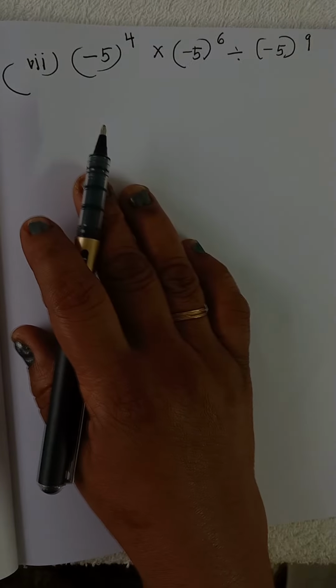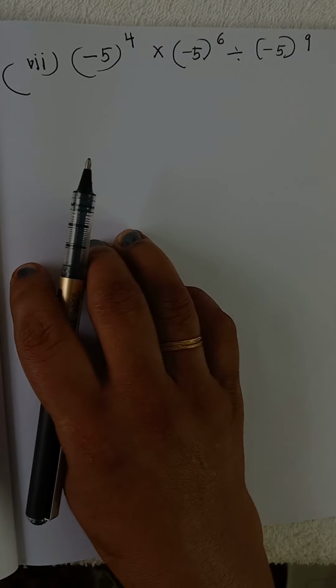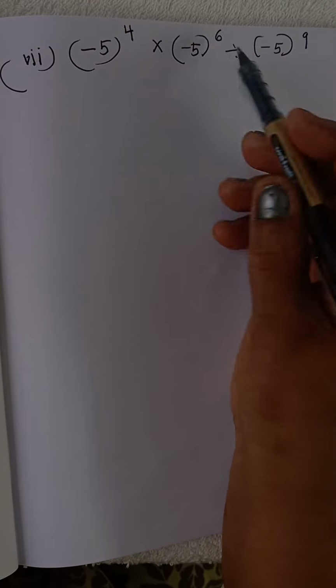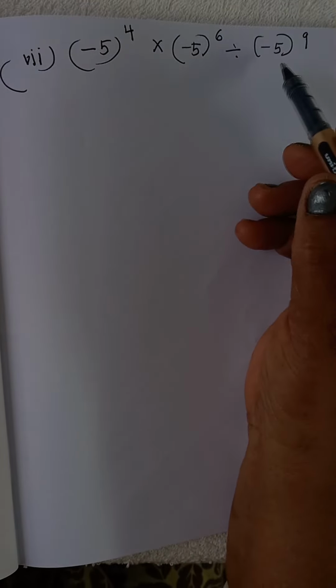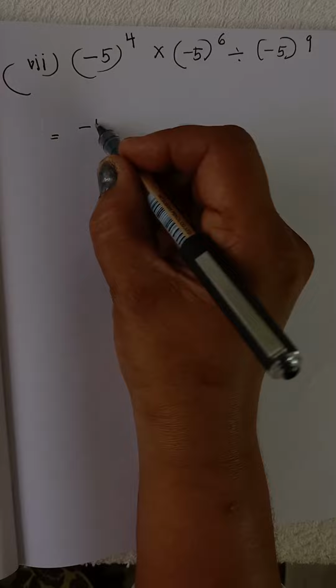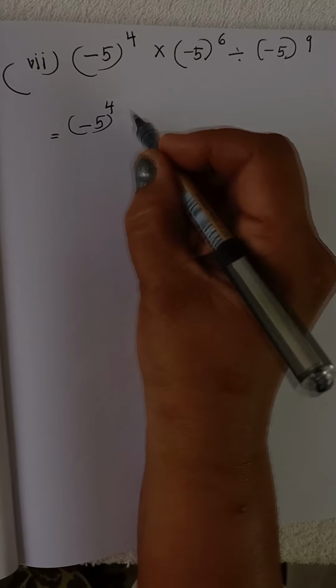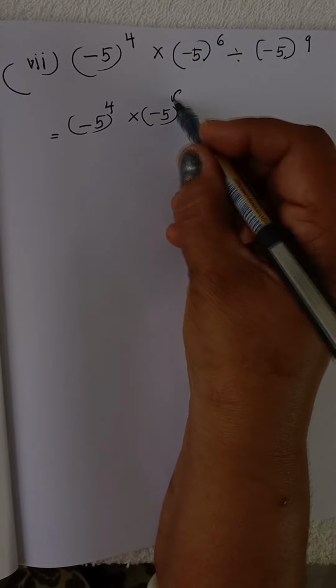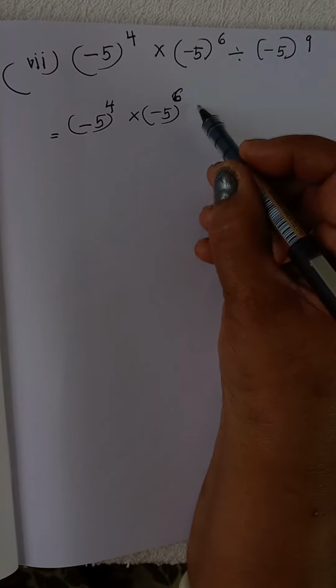Now the seventh question is minus 5 raised to 4 into minus 5 raised to 6 divided by minus 5 raised to 9. So here this is equal to, division we will do at first. So minus 5 raised to 4 into minus 5 raised to 6. Then division is the inverse of multiplication.